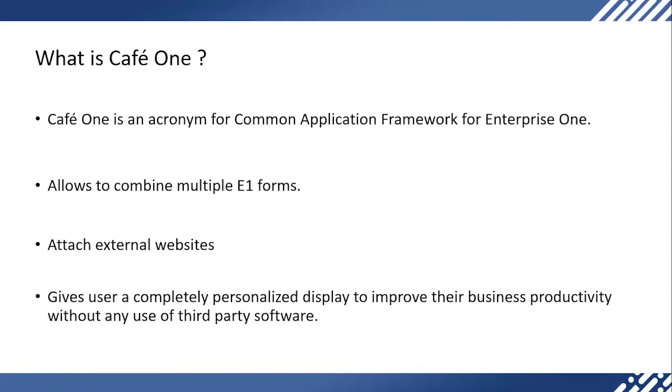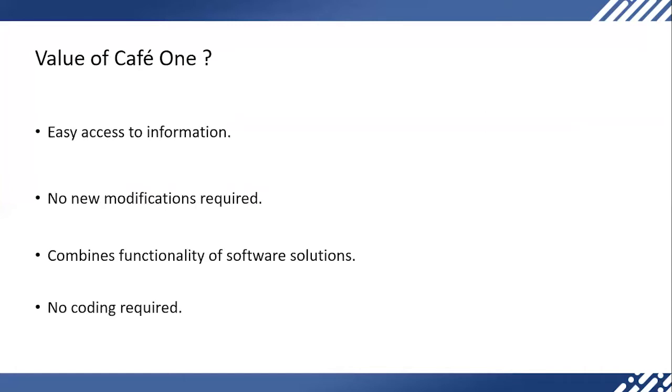The value of Café One is very large. As we can access multiple applications at the same time, it's easy to access information. We don't have to get into one application and then another to see the information that we want to see. Instead, just having the applications next to each other makes for easy access to information. This requires no new modifications, so anybody can use it.